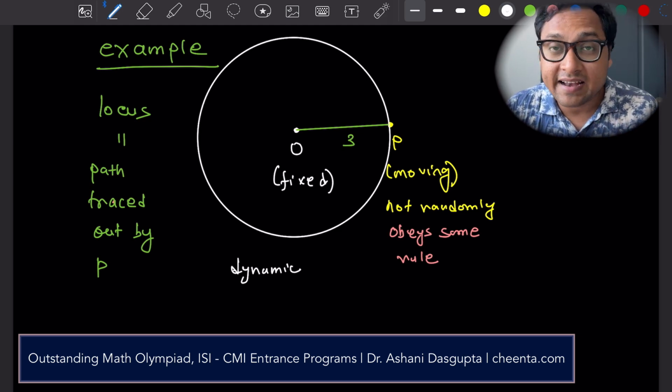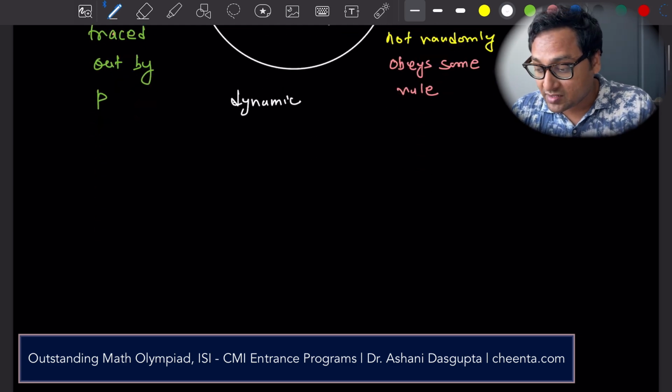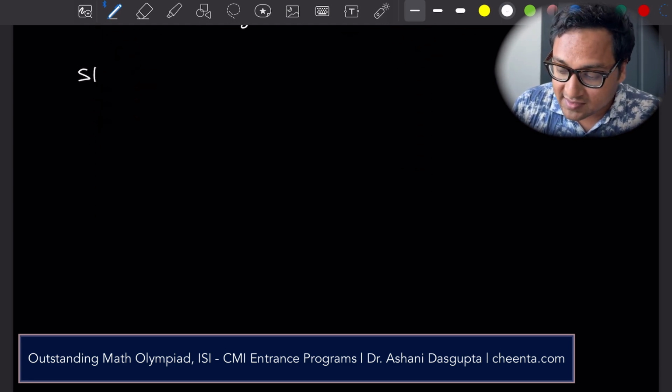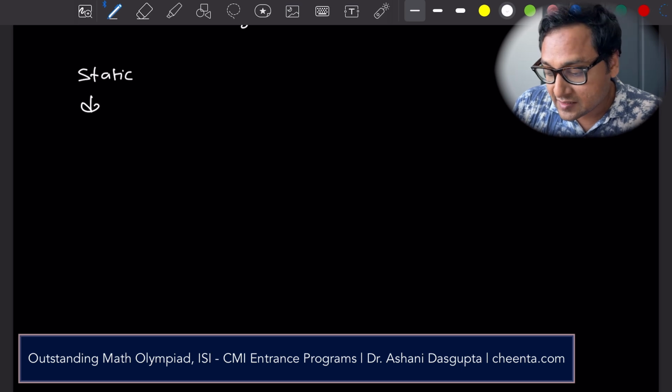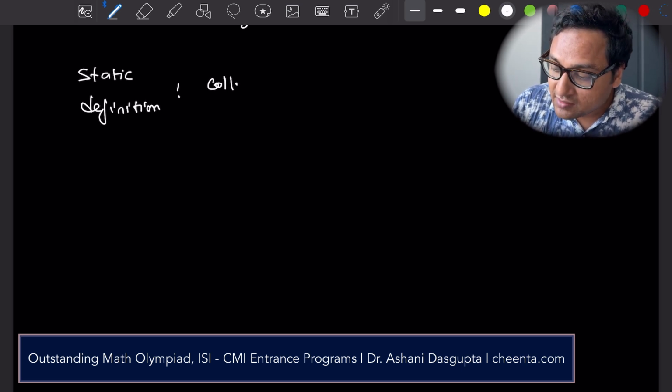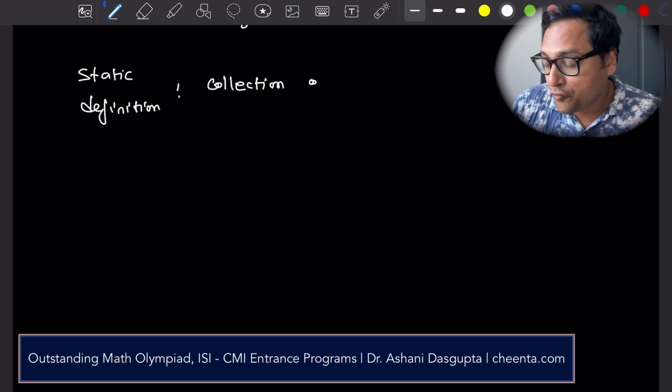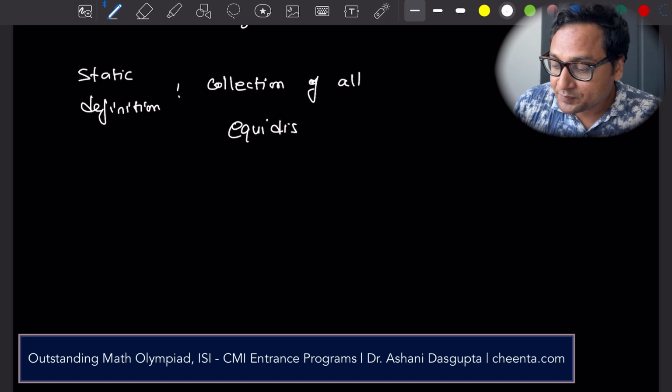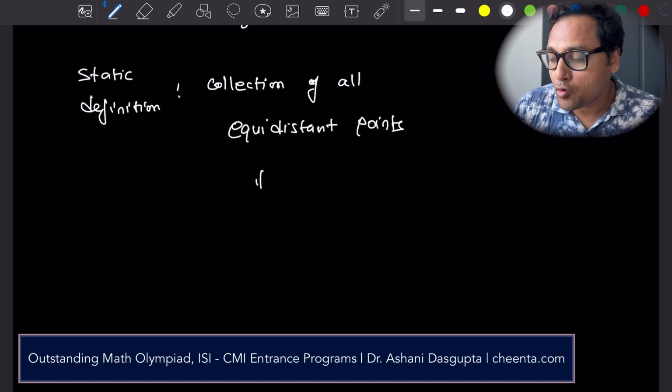The second idea is actually a static picture. The static definition of a circle is this. It's a collection of all equidistant points from O, the fixed point.